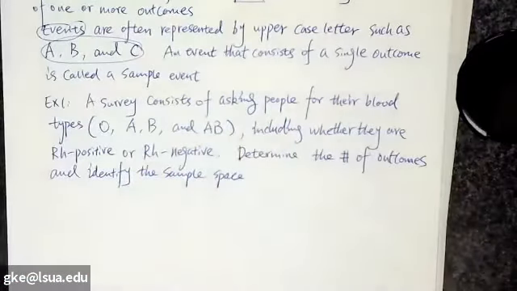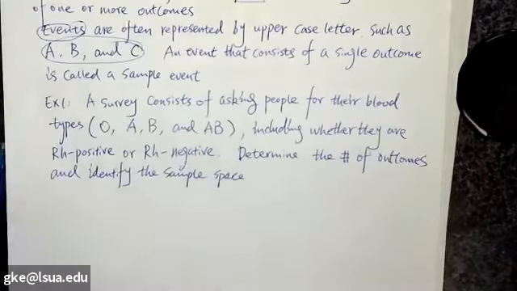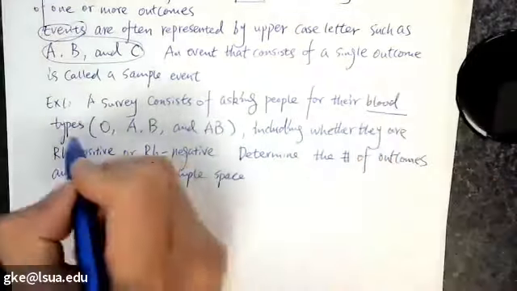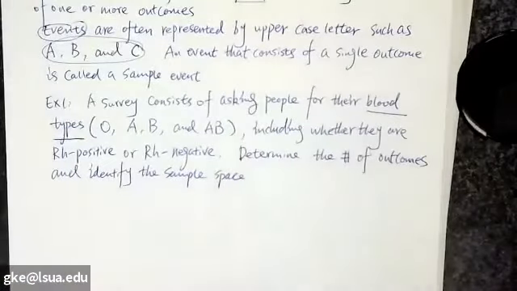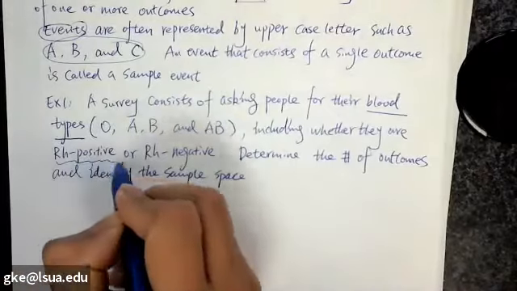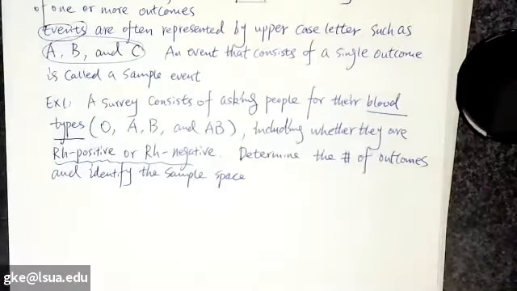Okay, now let's take a look at this example. We have two scenarios. The first one is about blood types. Another scenario is whether they are RH positive or RH negative.